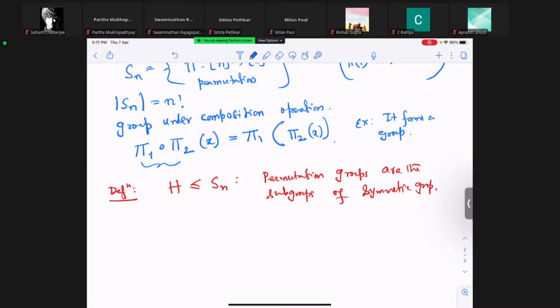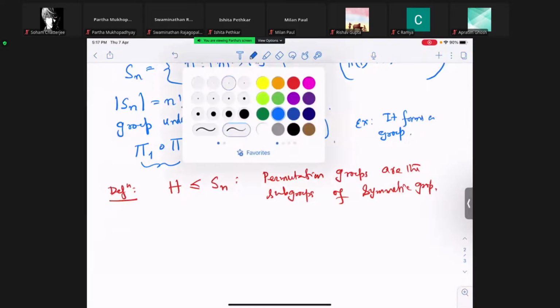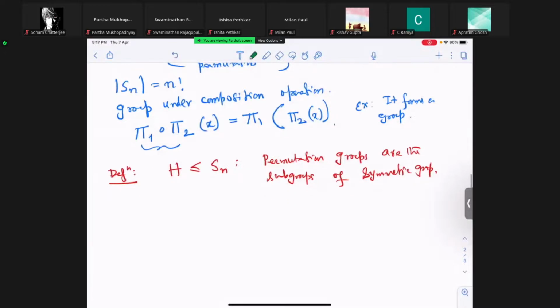Okay, so another basic definition, sometimes we need automorphism. We don't need it immediately. I'll give you a few pictorial examples later. We don't need that much.